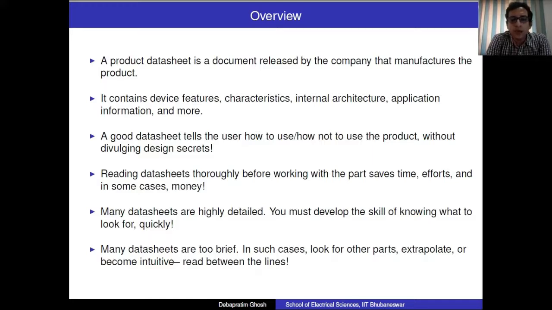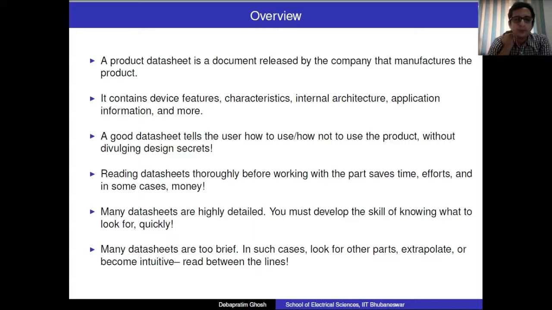As you read more and more data sheets, you should develop the skill of knowing what to look for. It is not possible to read 20-30 pages for every part that you come across in your life. So you must quickly develop the skill of hunting for information that is of interest to you inside the data sheet.